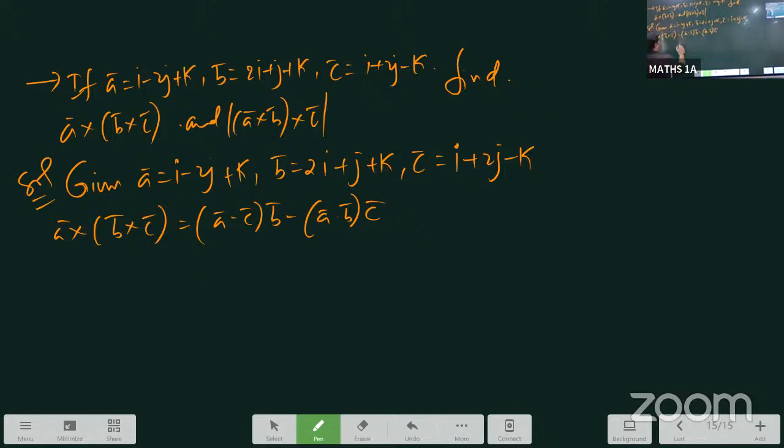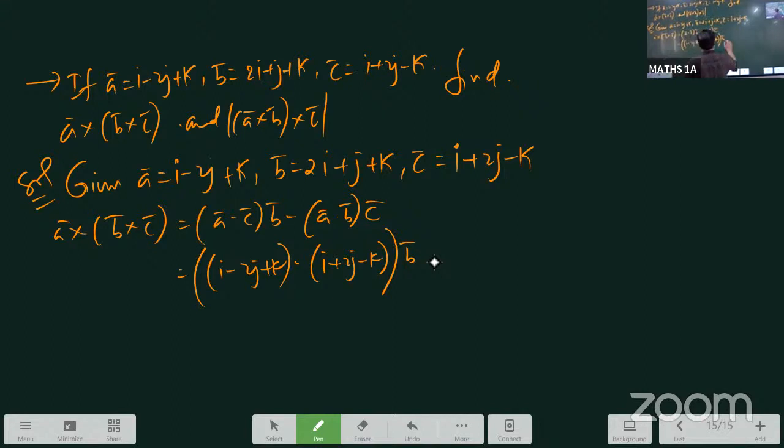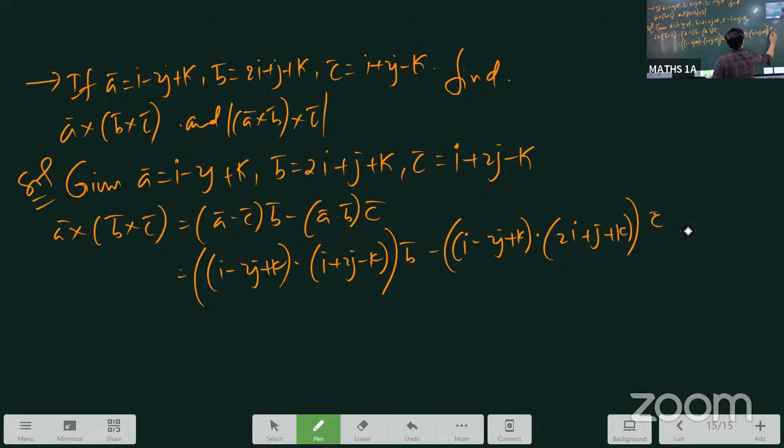That is, what is A bar? I minus 2j plus k dot product with I plus 2j minus k into b bar minus I minus 2j plus k dot b bar, that is 2I plus j plus k into c bar.